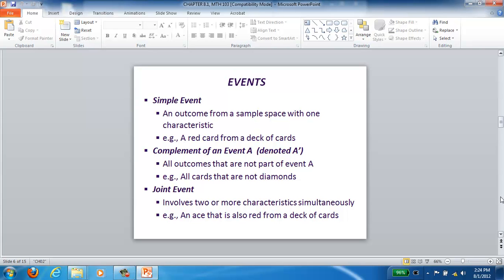In this case you have 48 cards that are not aces, and 39 cards, 52 minus 13, that are not diamonds. A joint event involves 2 or more characteristics at the same time, like an ace that is also red from a deck of cards, or a 4 that is black, and so on.